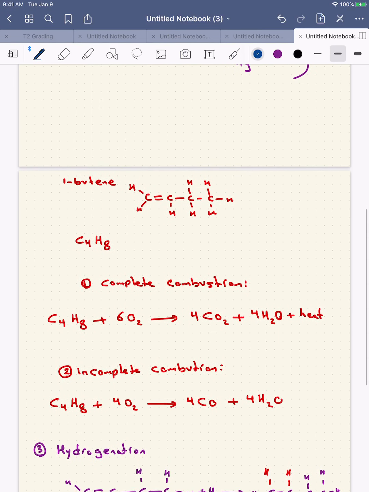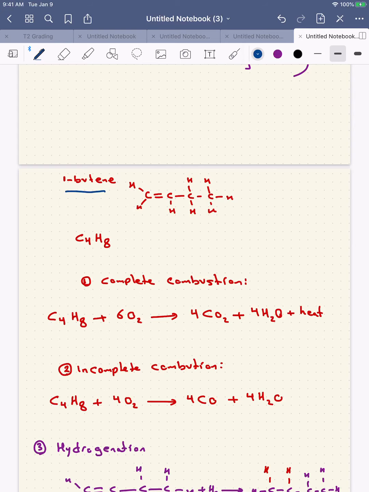So 1-butene or but-1-ene, the structure is this, but for combustion we really don't care where the double bond is. As long as we know the molecular formula, we are good to go. The first case, you add enough oxygen, so it's a complete combustion. So we put it with oxygen. You have to produce CO2 and H2O once you do that balanced equation.